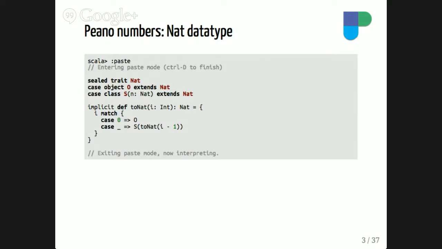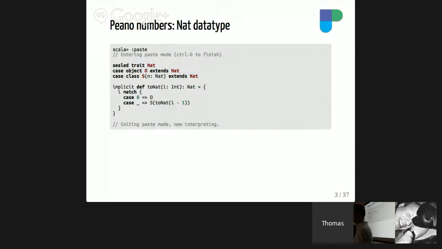So that's not really what we want to do. I would like to have full control over the types that we are using. Instead of just relying on Scala integers, I would define the data type for naturals using the Peano encoding. The Peano encoding says you have a first, initial case, which is just 0. To construct a new Nat, you have the S constructor here.